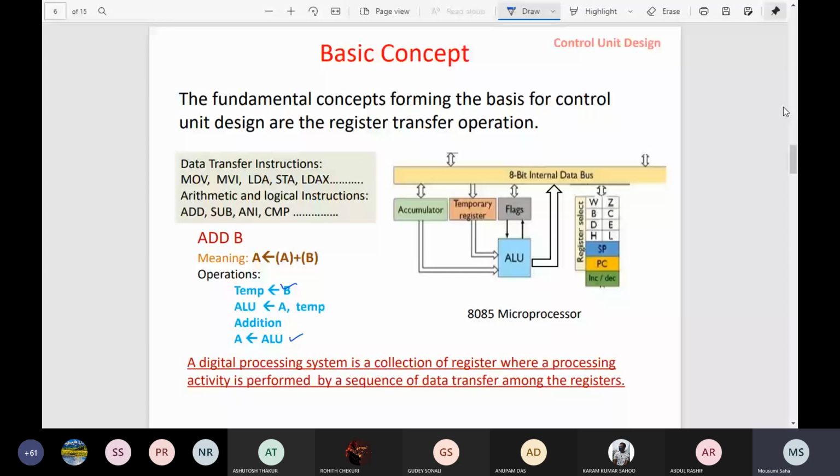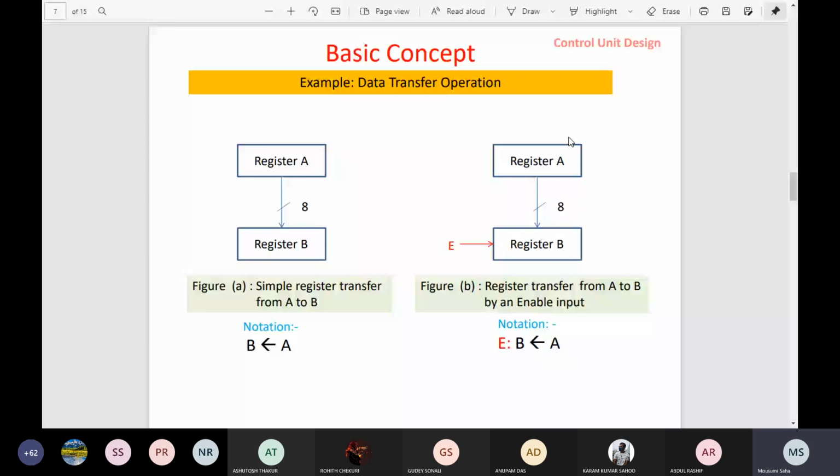So most of the operations are register transfer operations. For that reason, we can consider some basic examples where you have that type of data transfer operation.